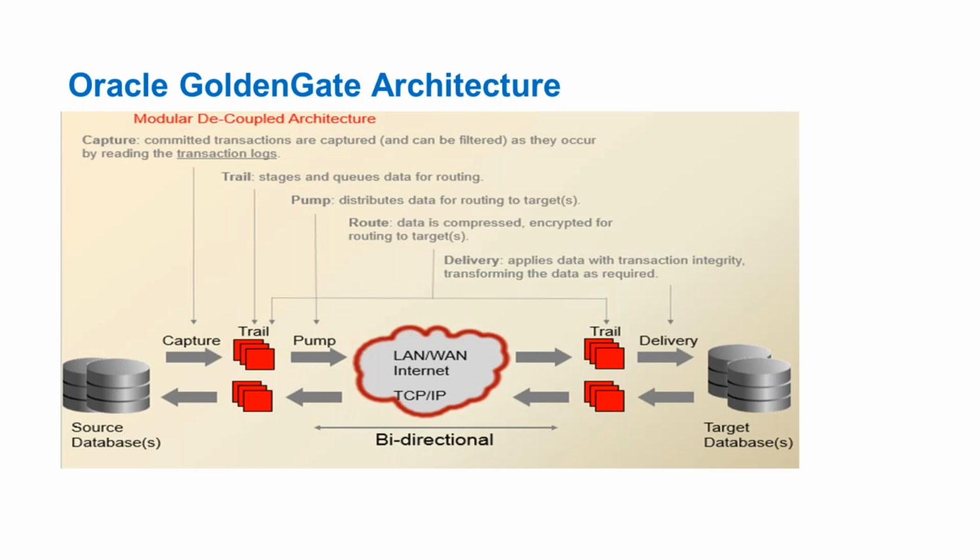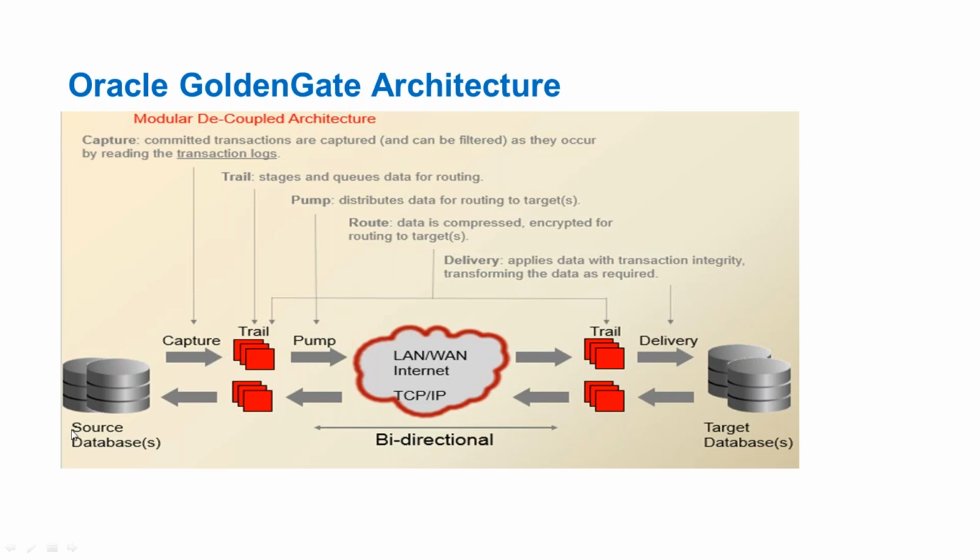Whatever changes you make, whatever inserts, updates, and deletes, those changes get recorded into the transaction logs of the database. Now you configure the Golden Gate capture process, which is also called the extract process. The capture process reads the data from the transaction logs and captures the committed transactions.